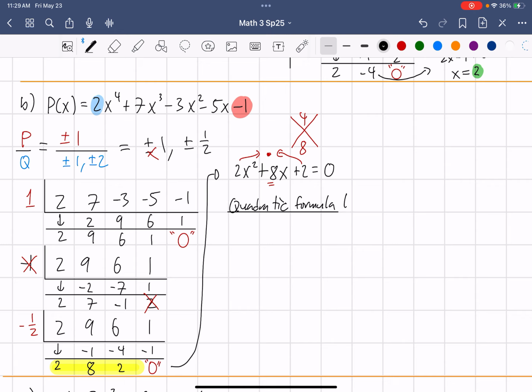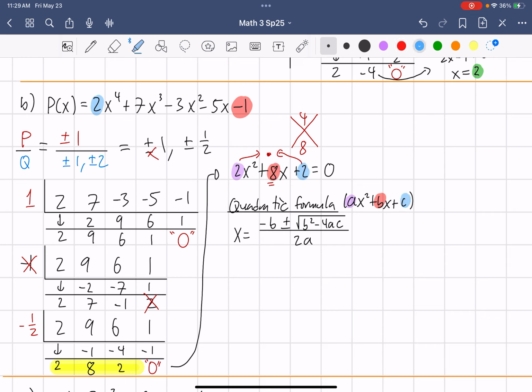Hopefully, remember this is for a quadratic, ax squared plus bx plus c. And what's the quadratic formula? If you remember, it's x is equal to -b plus or minus the square root of b squared minus 4ac, all over 2a. And we can see our a is this 2, our b is this 8, and our c is this 2.